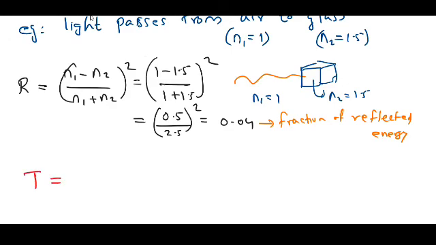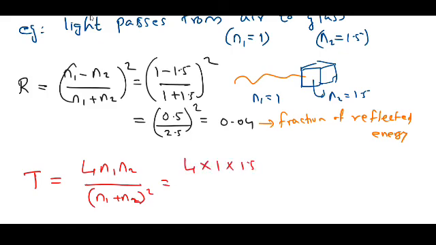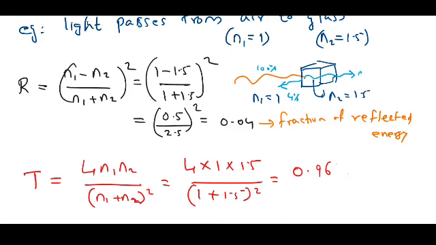That is 4 N1 N2 divided by N1 plus N2 all square, which is equal to 4 into 1 into 1.5 divided by 1 plus 1.5 whole square. If you solve this, it is 0.96. That is, 4% of the light is reflected. If this is 100%, 4% is reflected, and 96% will be transmitted.